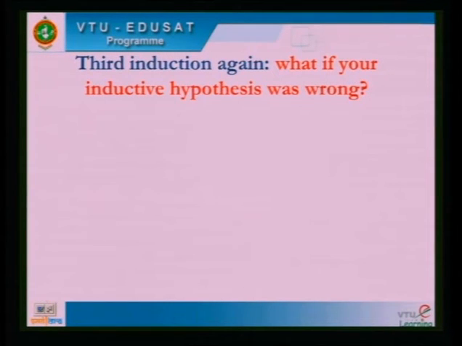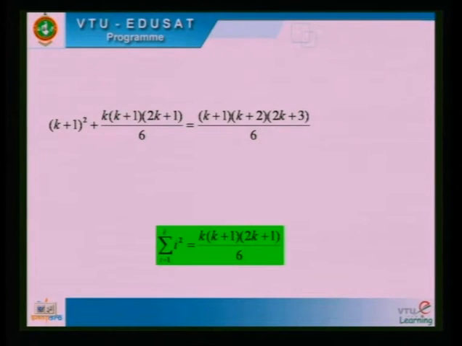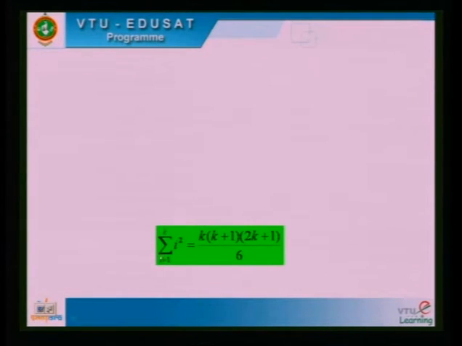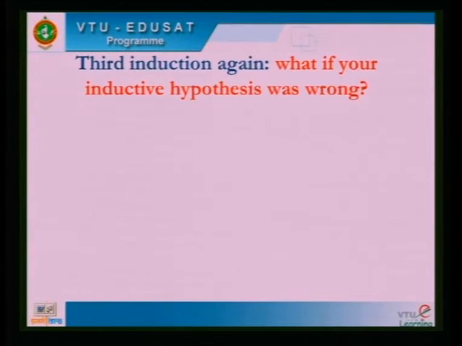Next, consider a case where the induction hypothesis is wrong. The earlier hypothesis is correct because we know that result is correct. Sometimes, instead of the formula in the previous slide, the summation of i squared equals k into k plus 1 into 2k plus 1 by 6, if you take 2k plus 2 or another value, then what happens?